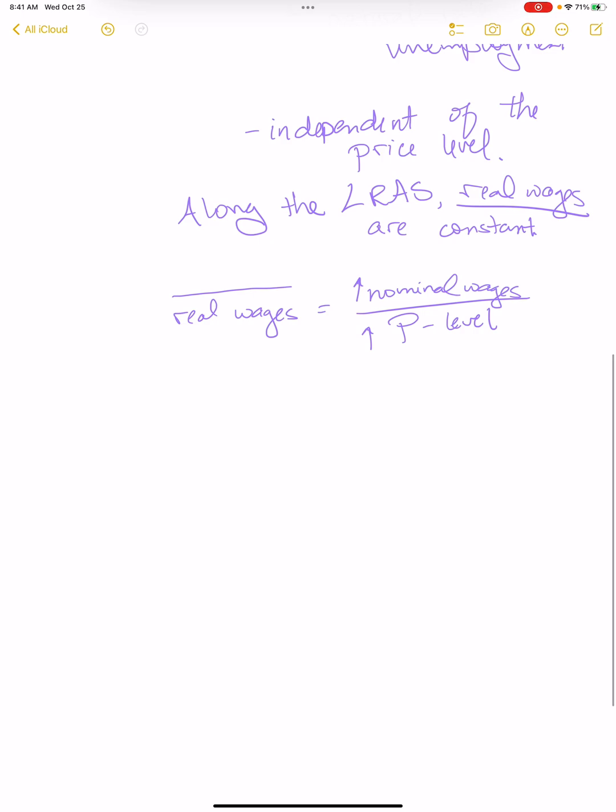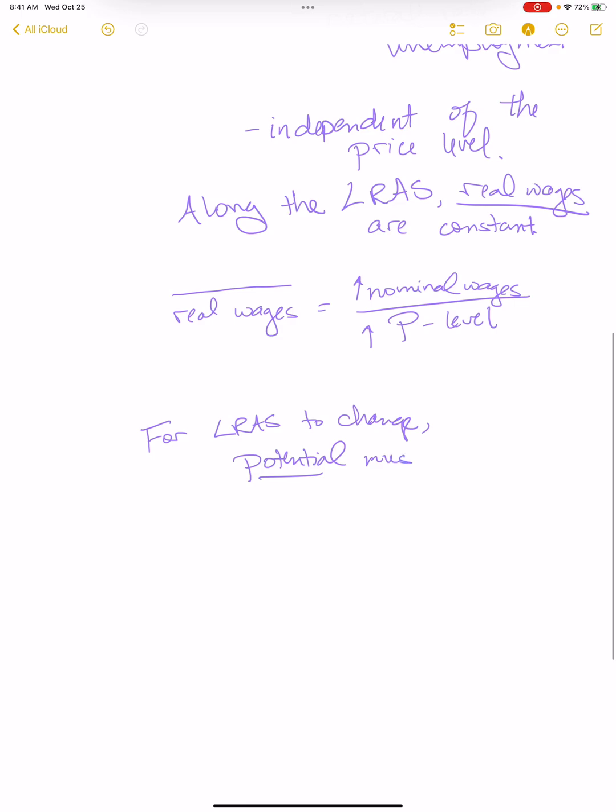In order for long run aggregate supply to change, what must change? Your potential. So what will change that potential?